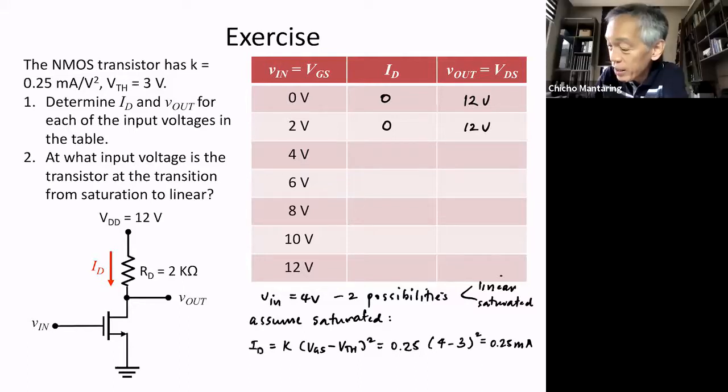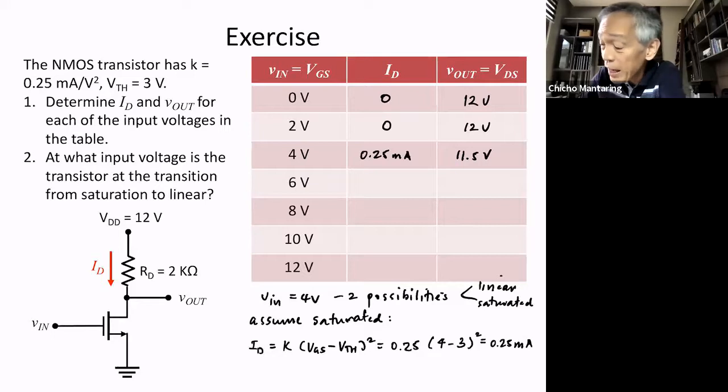So here you get 0.25 mA, and this is going to be 11.5 volts. No? How do I get 11.5 volts? I apply KVL to my drain to source path. No? So 12 volts minus ID times RD will be equal to Vout.